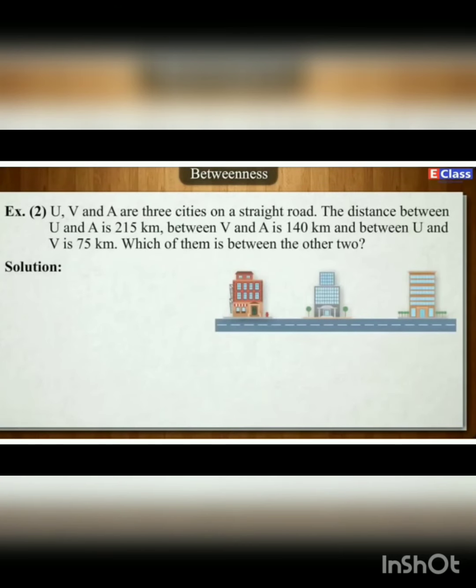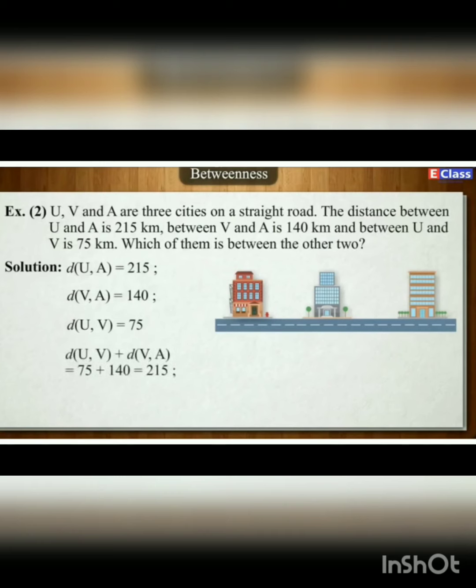Solution. Distance of UA is equal to 215. Distance of VA is equal to 140. Distance of UV is equal to 75. Distance of UV plus distance of VA is equal to 75 plus 140, which is equal to 215.